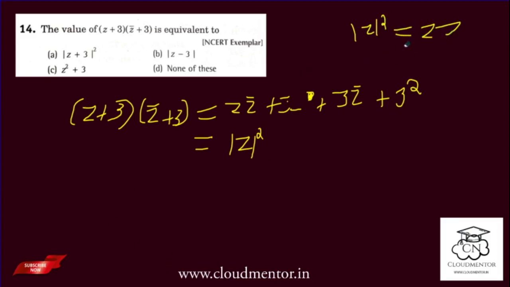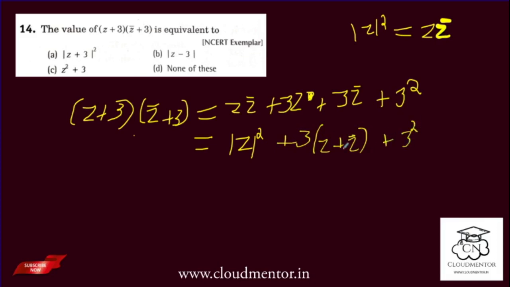So the modulus of z square plus, taking the 3 common, we get 3 of z plus z bar plus 3 square.